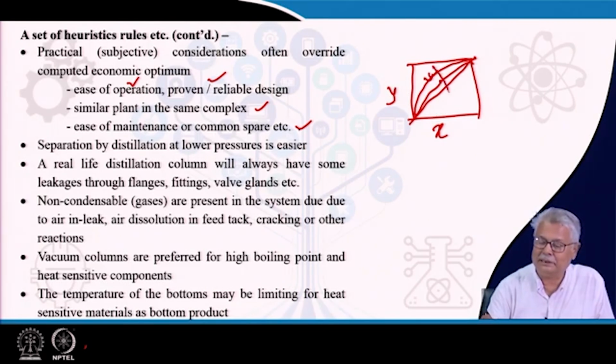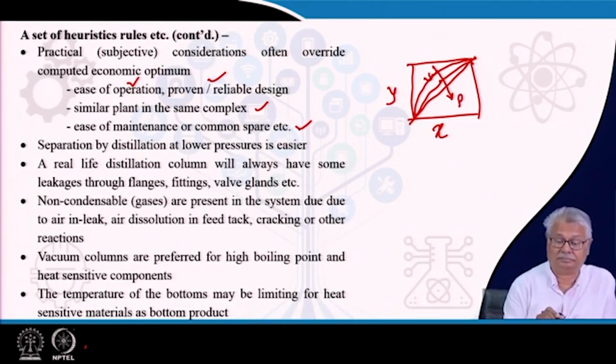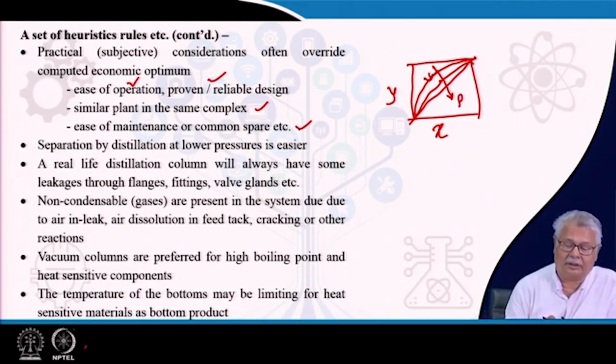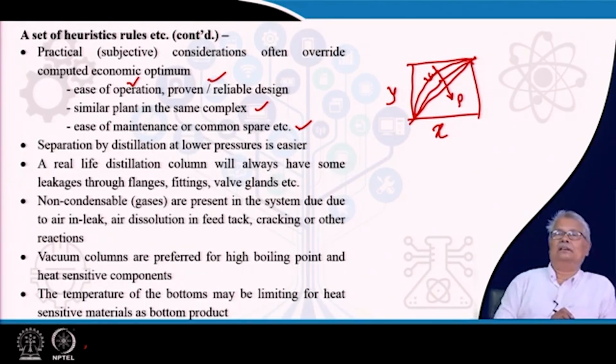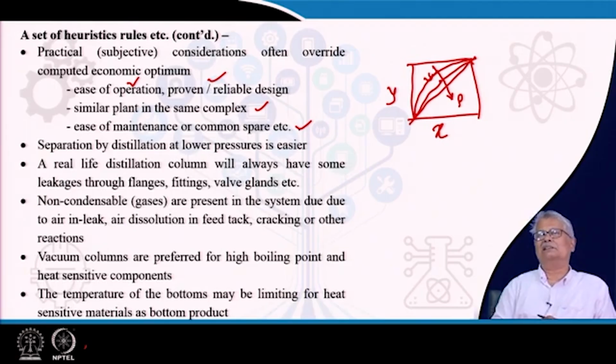That means the pressure increase is this way. That means this gives us one suggestion. We should always try to design a plant which will operate at the lowest operating pressure, but there are certain limitations with respect to this which the designer considers.